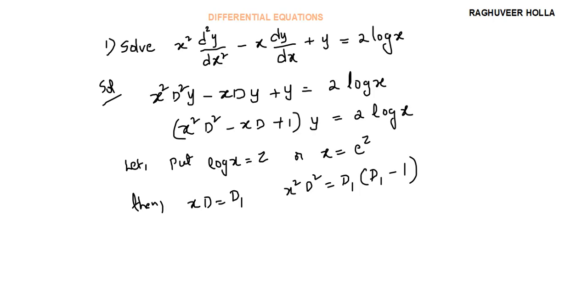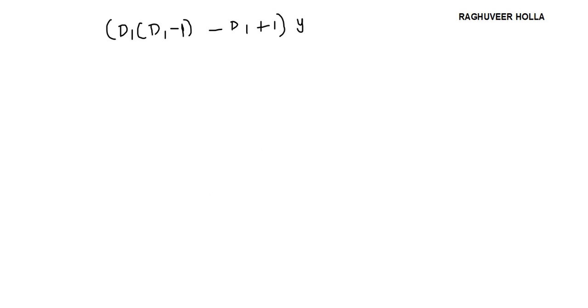So I get d1 into d1 minus 1 minus d1 plus 1 into y. That's what I have done here, as I have substituted for x square d square, xd and 1.